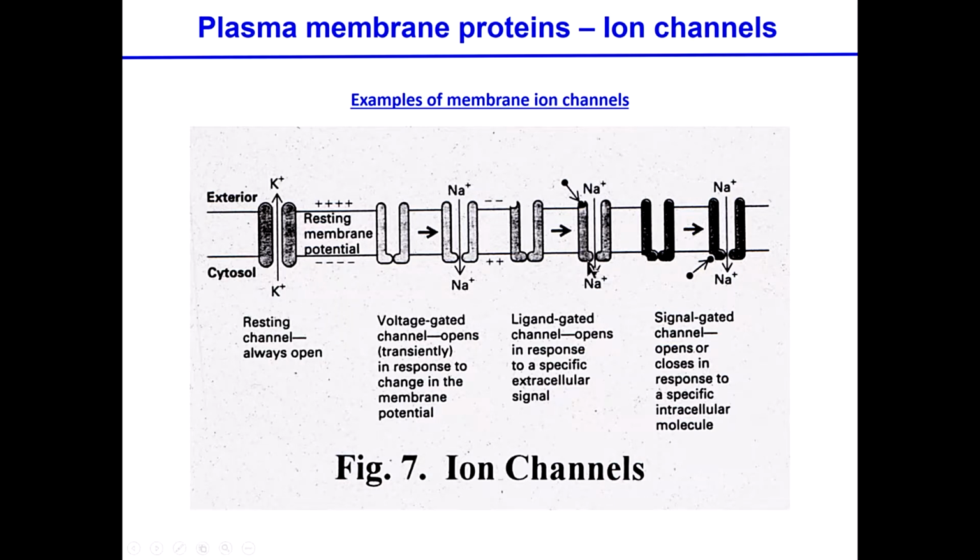Others can be turned off by binding of a ligand to the outside extracellular portion of the molecules that form the channel, and others can be activated by what is called signal gated if it comes from inside, ligand gated if it comes from outside, or voltage gated if it is a change in the polarization of the membrane.